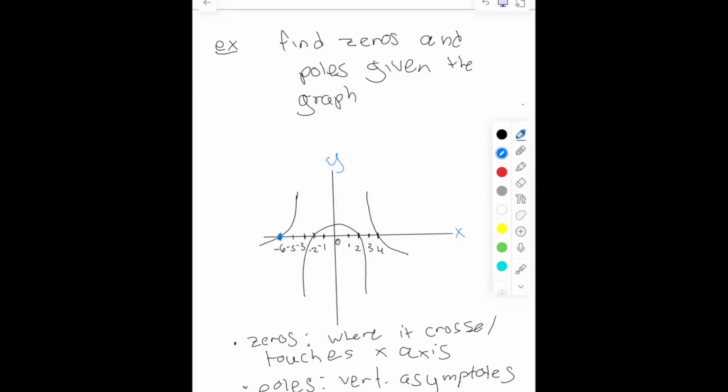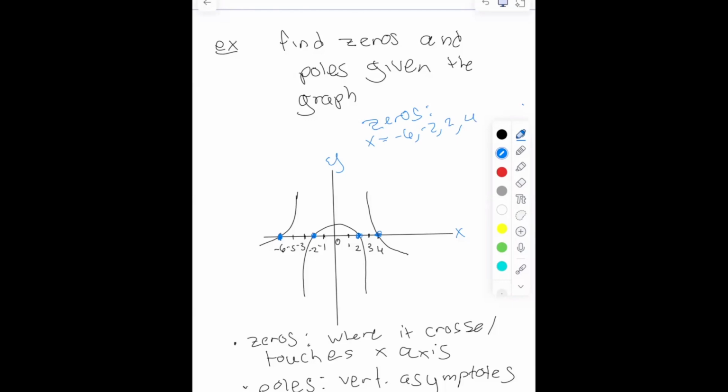I keep scanning. Oh, at x equals -2, at x equals 2, and at x equals 4, we have zeros. So our zeros are going to be x equals -6, -2, 2, and 4.